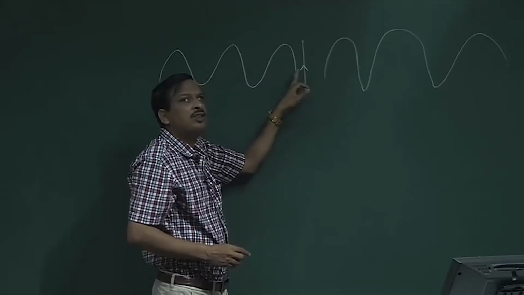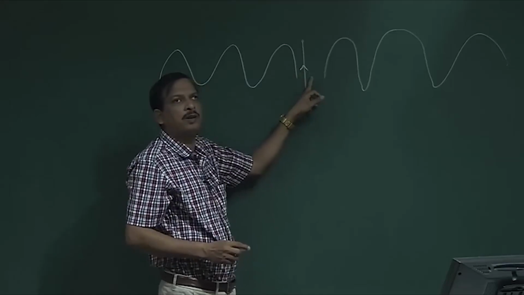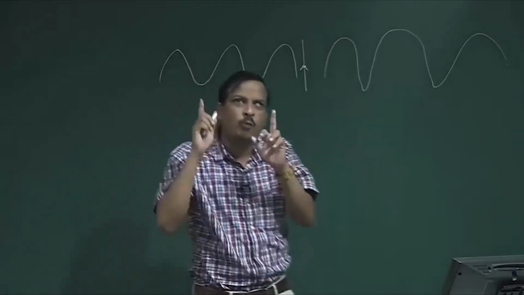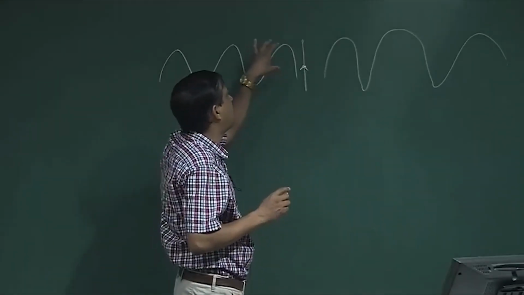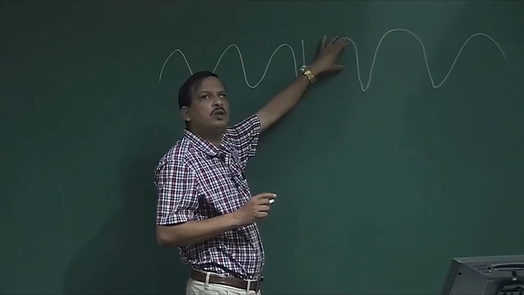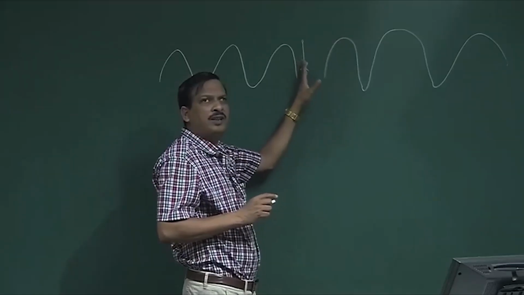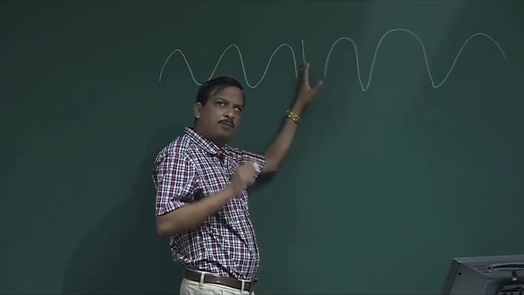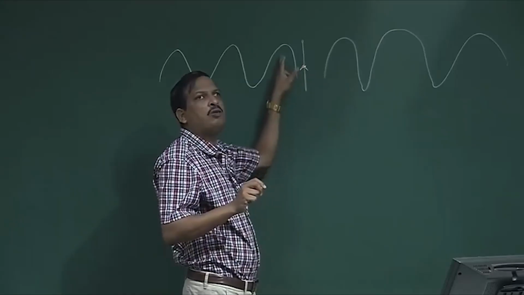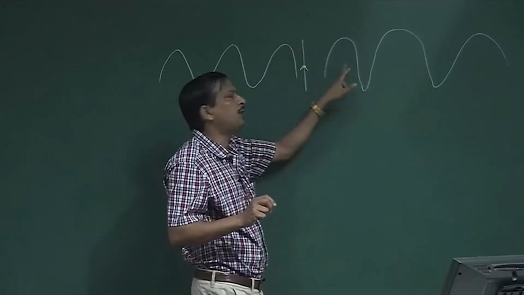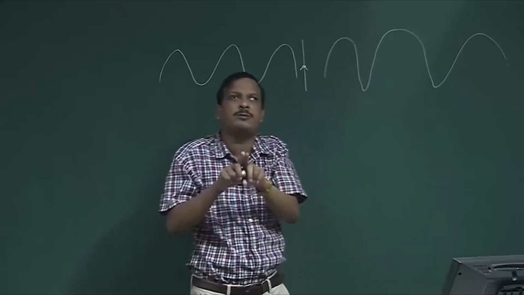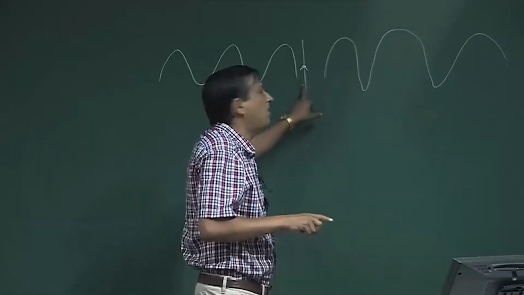This interference supports the superposition principle, meaning that at the point of interference the particle displacement due to both waves is the arithmetic sum of the displacement due to the first wave and the displacement due to the second wave. That arithmetic sum of the two displacements is the resultant displacement at the point of interaction.